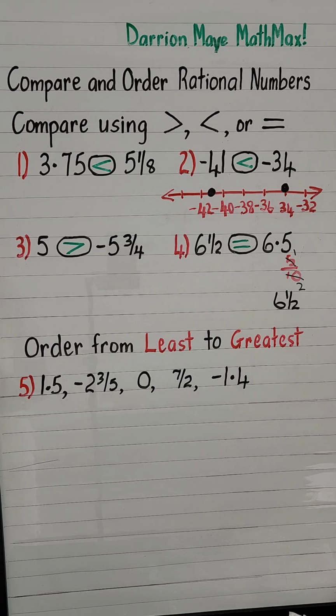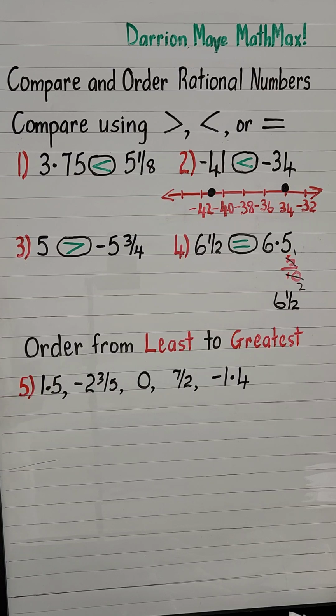So first we know that negative 2 3/5 and negative 1.4 are the least numbers. Negative 2 3/5, negative 1.4, we know that the whole number 2 is greater than 1.